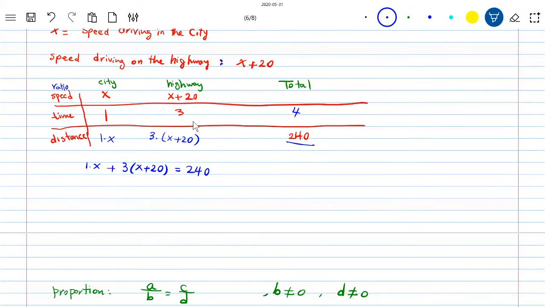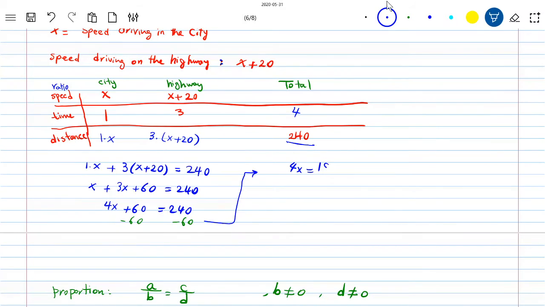This is what the equation becomes for the distance. 1 times x is x, 3 times x plus 20 is 3x plus 3 times 20, which is 60, equals 240. 1x and 3x is 4x plus 60 equals 240. You can subtract 60 from both sides, and what you will end up with is 4x equals 240 minus 60, 180.